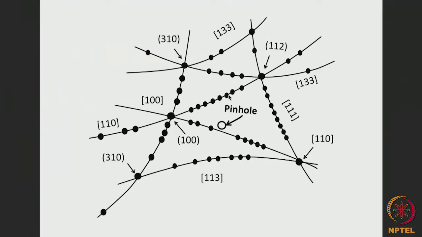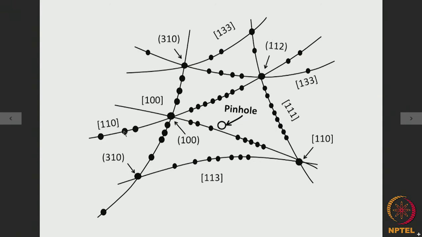Let us suppose that we have an iron sample, a BCC iron single crystal sample, which is being examined in the back reflection Laue method. So, all the spots appearing on the film can be joined together in this manner in the form of a large number of hyperbolas.